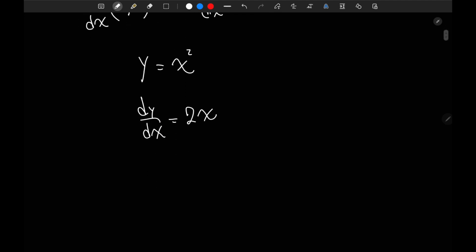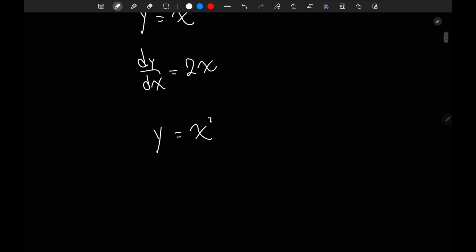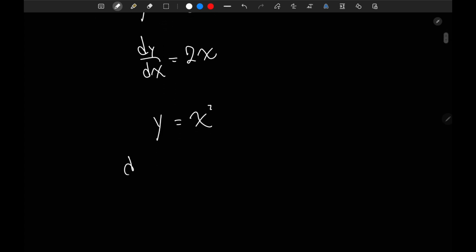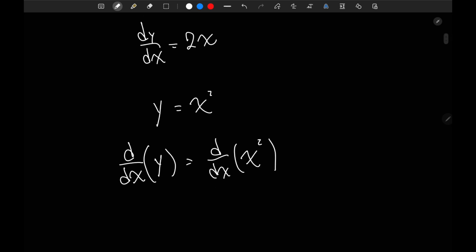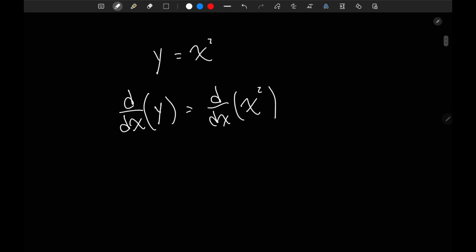And how we're going to want to start thinking about this when we do implicit differentiation is, say we have the same equation, but now what we're going to do is take the derivative of both sides with respect to x. So you're going to go d dx of y is equal to d dx of x squared. And now we just carry through with the steps. So on the left here with the normal power rule, the derivative of y is just going to be 1.